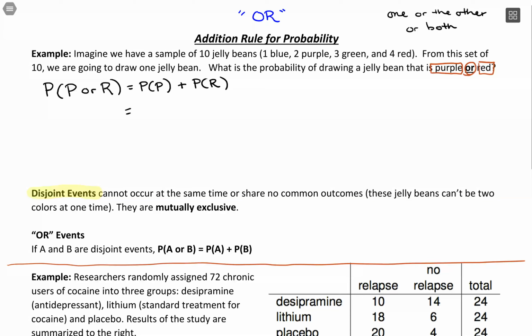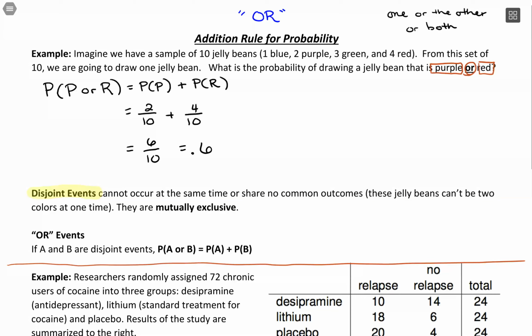Like I said in the previous videos, this is the mathematical rule, but if you can think of it a different way, you're welcome to interpret it. You have to get to the same solution, but there are other ways of thinking where you can end up with the same fraction, same decimal, and the same conclusion. So in terms of using the formula, we'd have 2 out of the 10 plus the 4 out of the 10 red, which would be a total of 6 out of 10, which is 0.6.